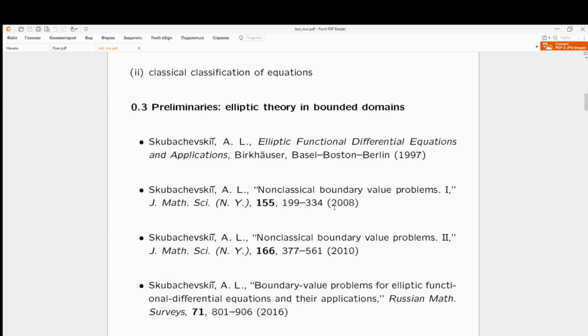Because if you can say that such a differential difference operator is elliptic, then you immediately can define equations of parabolic and hyperbolic type.